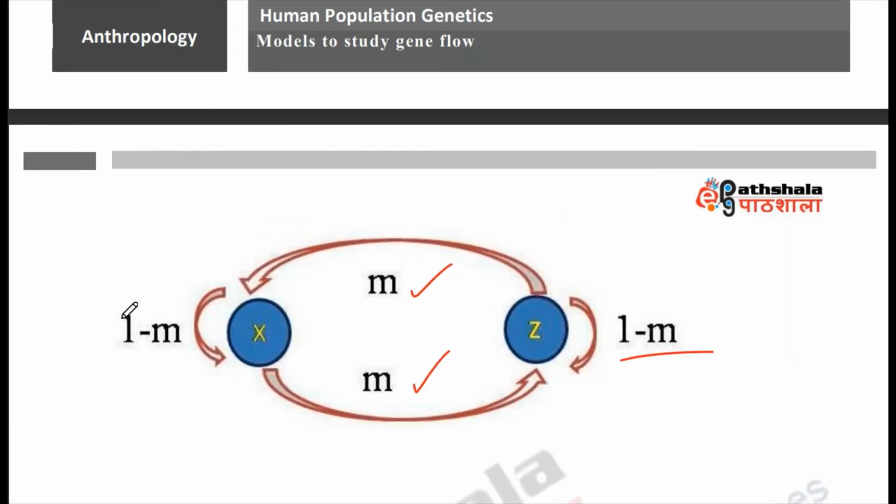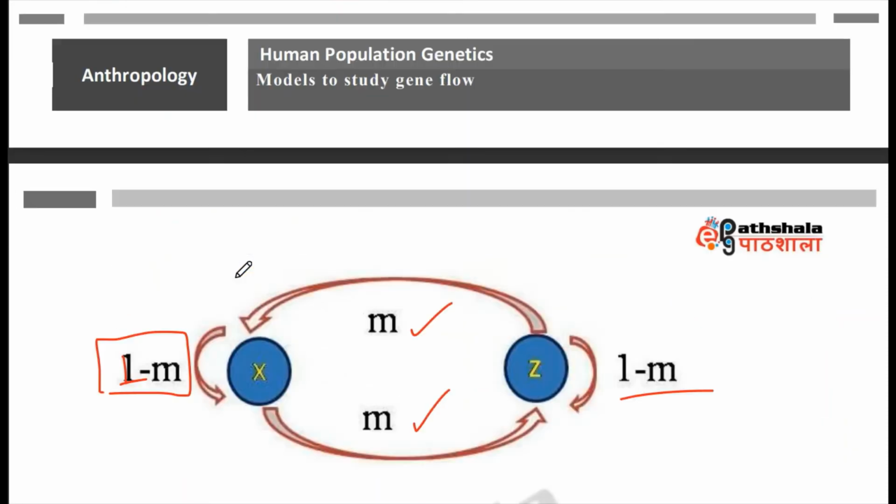Received allele, because 1 being the original or the 100% of X, minus the one which has been brought along with the migration, with the gene flow. So that will be the allele frequency of the given population. Fine.